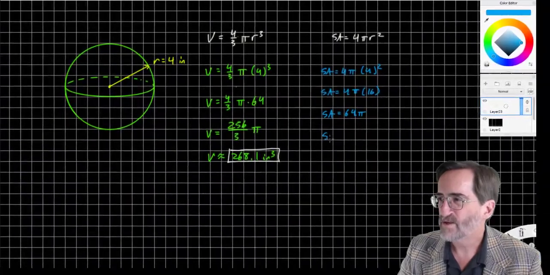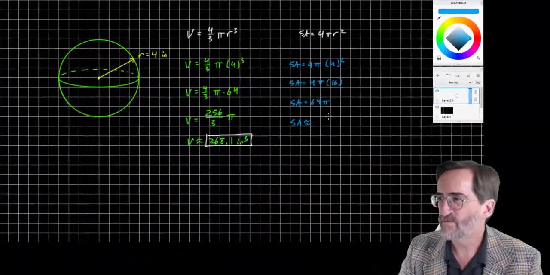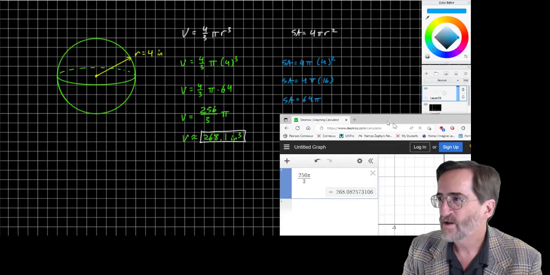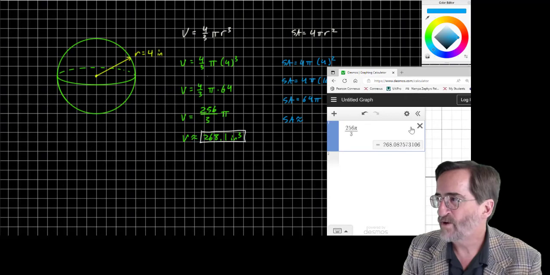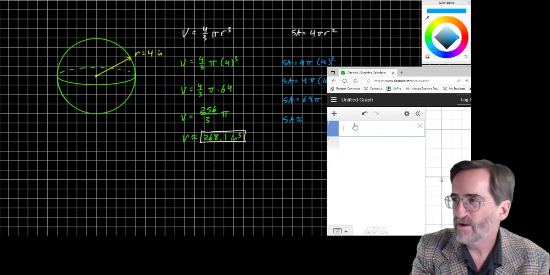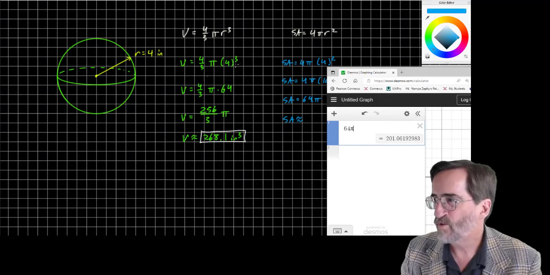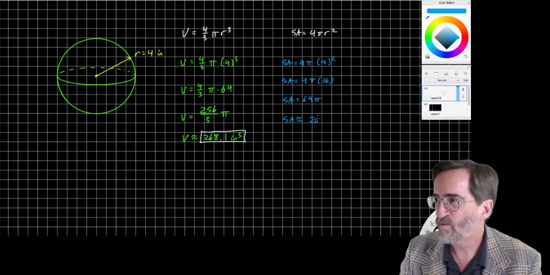If I need a decimal approximation, I use the pi button on my calculator here. 64 pi is 201.1 square inches.